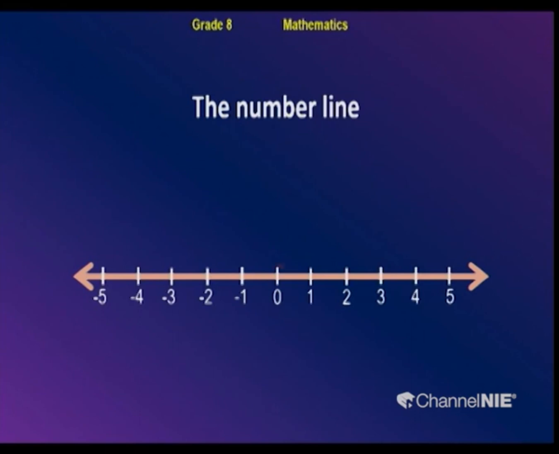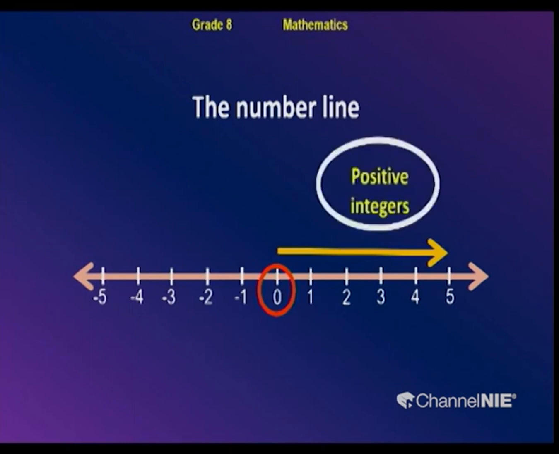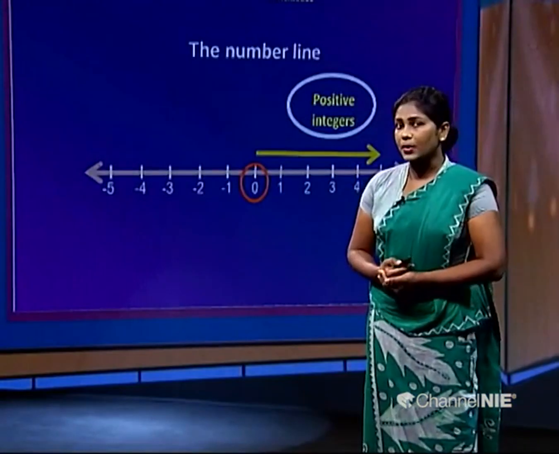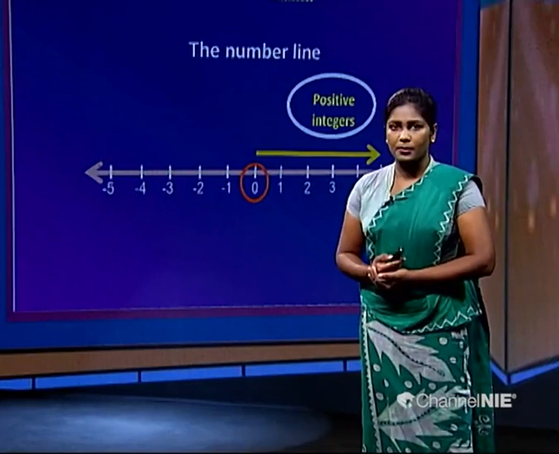So children, when we consider 0, now you can see a red circle, and look at the right side of this number line. Those are the positive integers. What is the meaning of positive integers? Integers means whole numbers. So positive whole numbers.